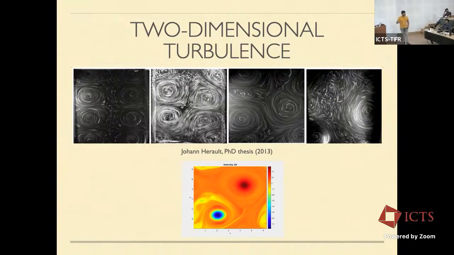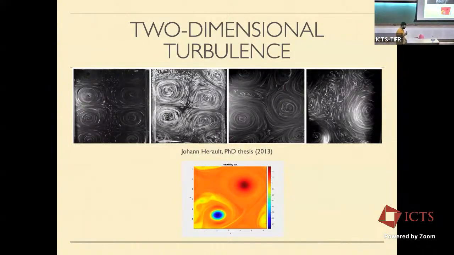Which we will come back to in the context of quasi-geostrophic models. So here on top is an experiment of 2D turbulence performed by Jean Hare, where they looked at a thin layer of MHD turbulence. So basically you look at liquid metal in a very thin layer, and then you have currents which pass through the liquid metal, right?